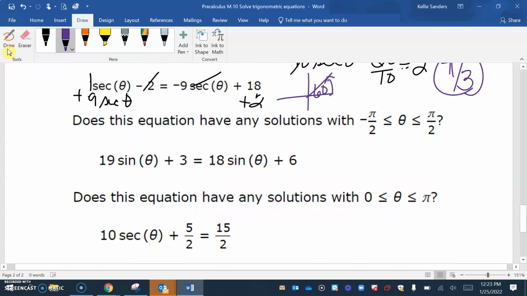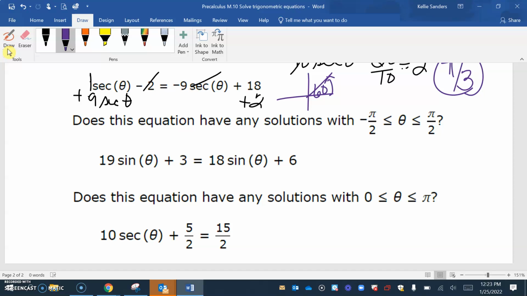Okay, does this equation have any solutions? It would take a long time to go through all of this, but let me just get to the end of it.